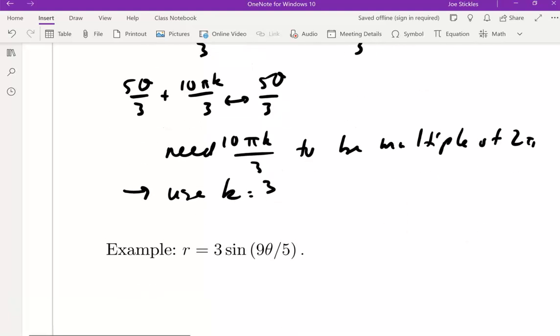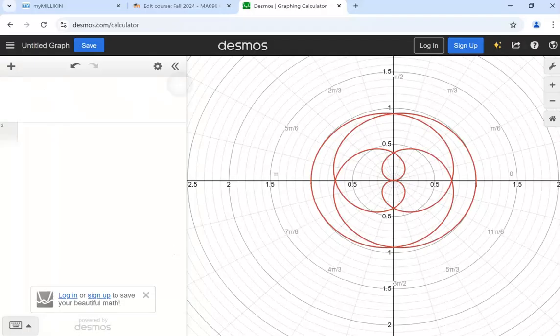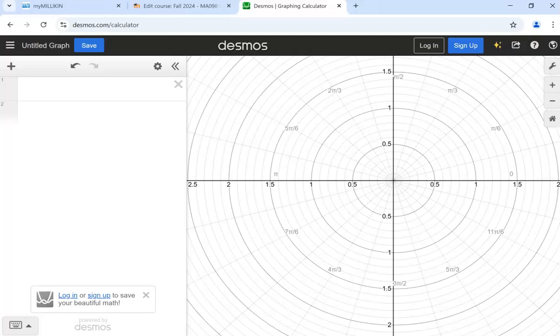So for our range then, we'll use theta equals 0 to theta equals 0 plus 2 pi times 3, or 6 pi in this case. Now let's see if that was what Desmos automatically selects for us. Let's go back over here. Now, of course, I've forgotten what the function is. There we go.